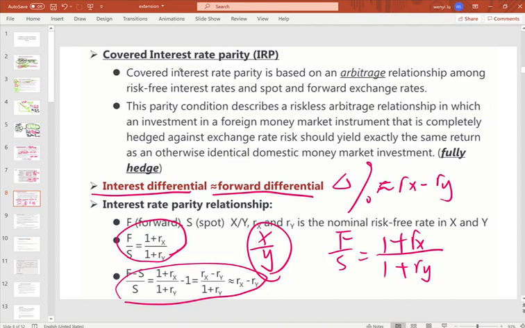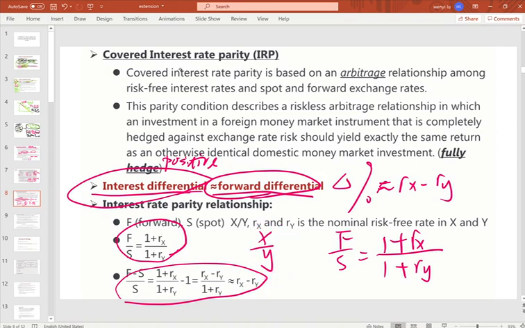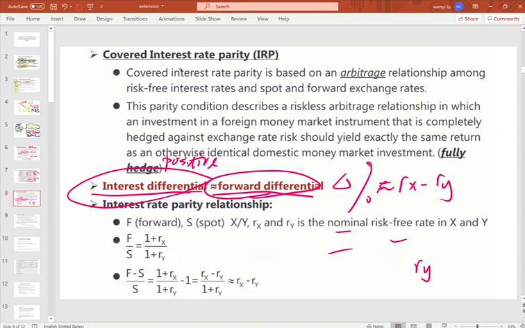So our interest differential is equal to the forward differential. If X has a higher interest rate than Y, this will be positive, so our forward differential will also be positive. That means for the same 1 unit of Y currency, you get more X currency in the future. So X currency depreciates and Y currency appreciates if the interest rate differential is positive, if Rx is more than Ry.